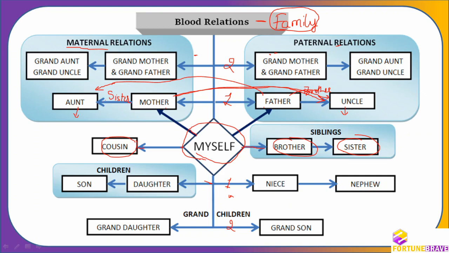So both. Likewise, uncle is also paternal uncle and maternal uncle. So your mother's sister is also aunt, and your father's sister is also aunt. Your aunt is your mother's sister or your father's sister. Is that clear?